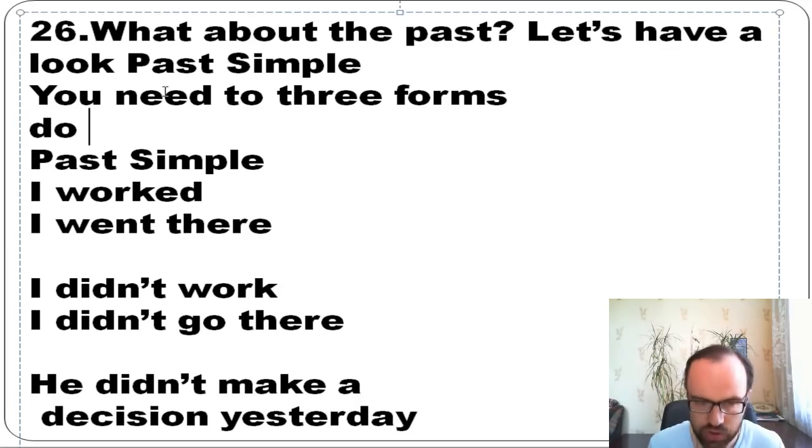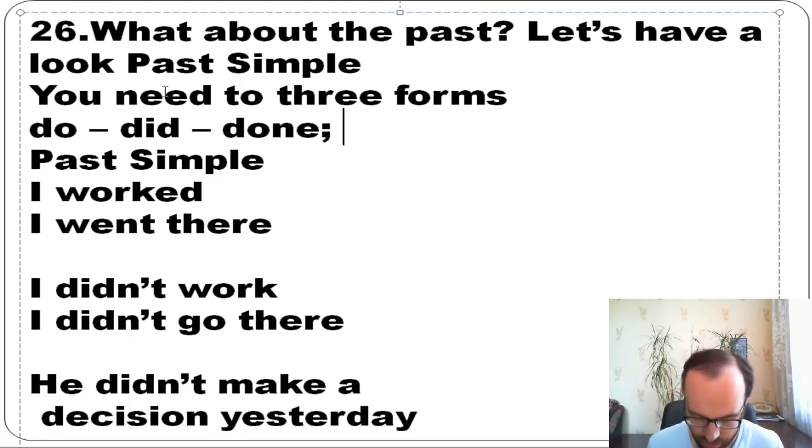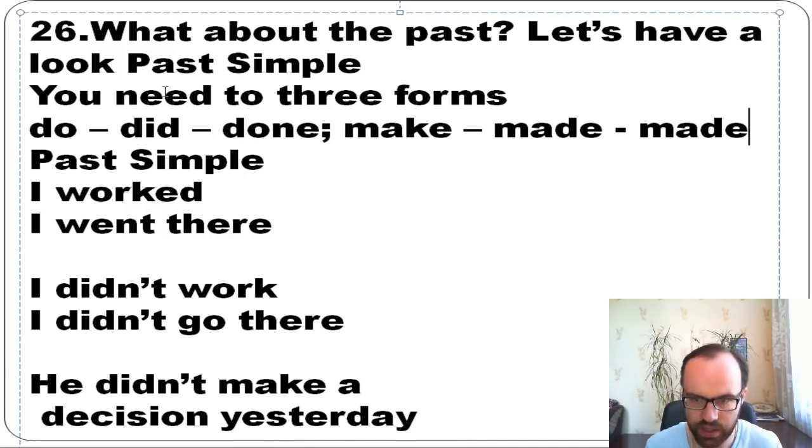For example, do, did, done. Make, made, made. So if you need past simple, you use the second form. So for example, did and made.